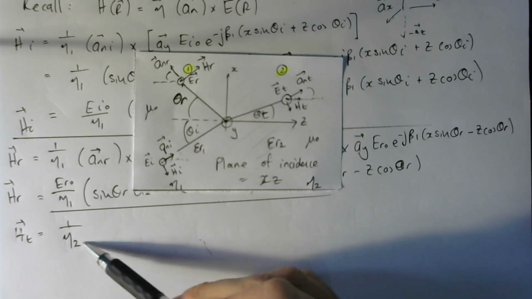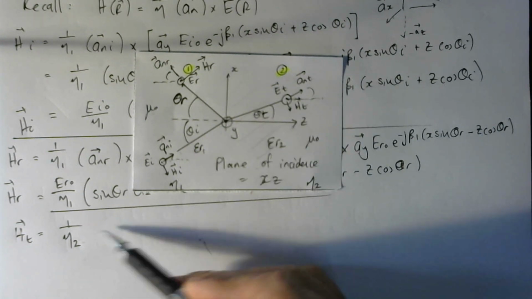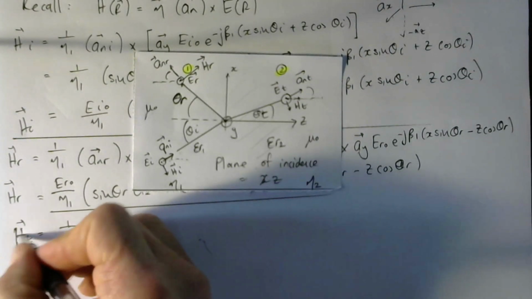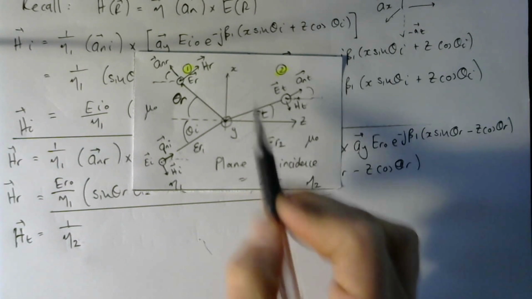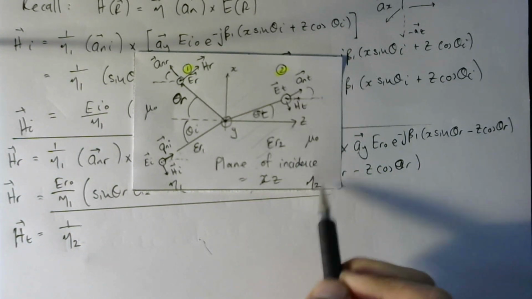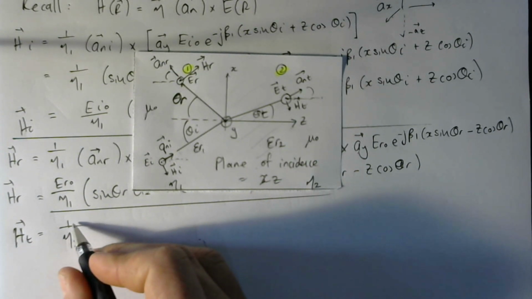In any case, we need eta 2 because we're working with a magnetic field. We want to find an equation for the magnetic field here in region 2. And over here, I have intrinsic impedance eta 2. That's just simple, that's why it is like that.